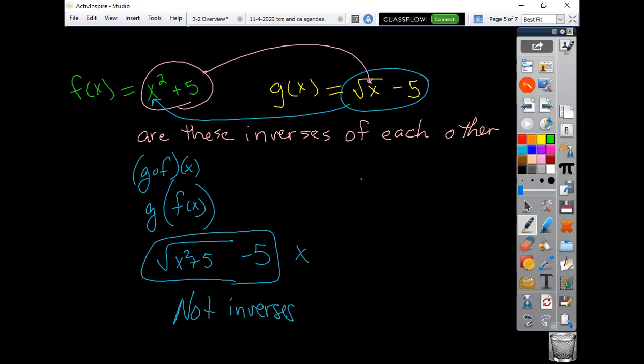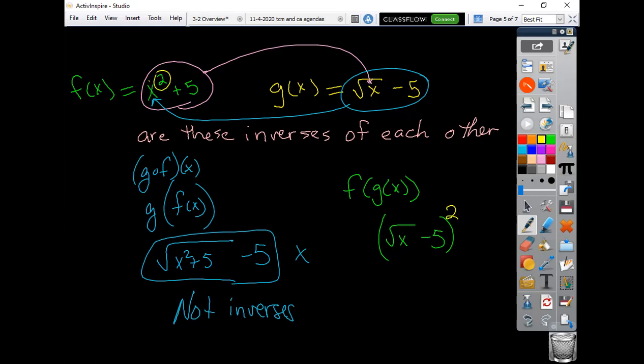If I put the g formula into x, so I'm going to take this square root of x and then a minus 5. I'm going to put it in place of this x over here. So this whole thing gets squared, because of this squared.